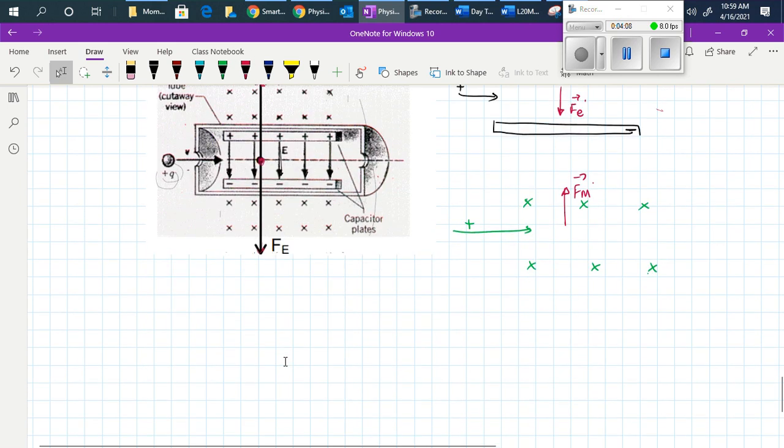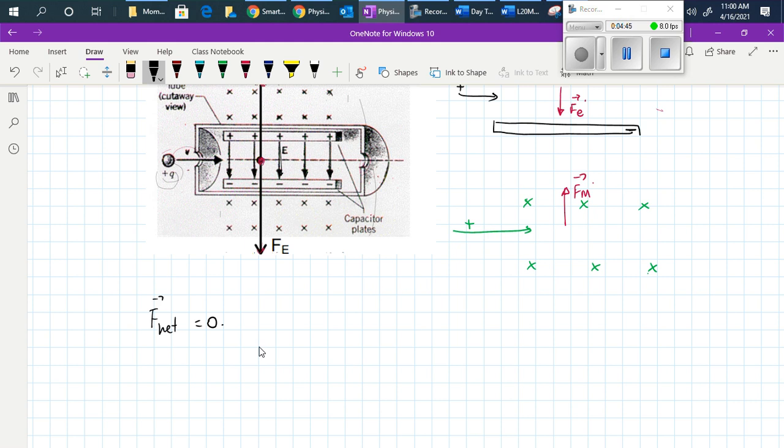Now, what we are looking for is to select charges that have a certain velocity, to enter through this hole and then go undeflected to the other hole of the tube. The word undeflected means that the net force is equal to 0.